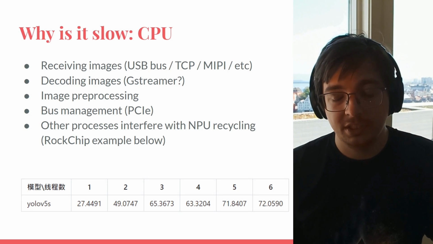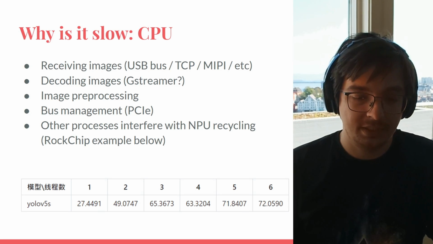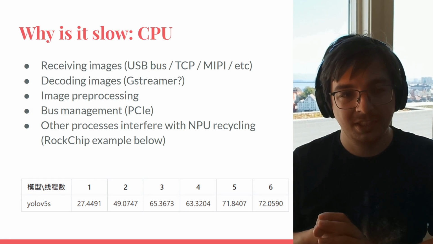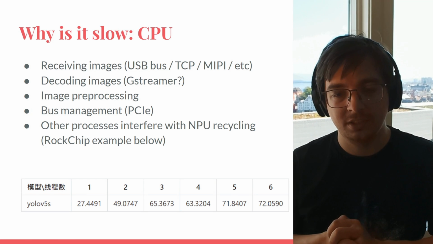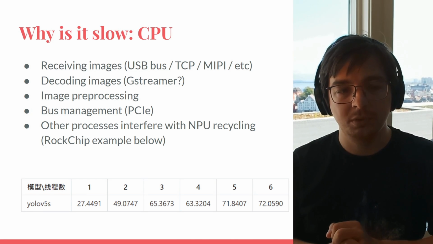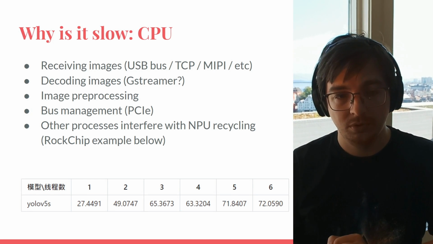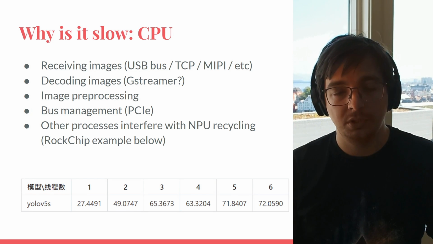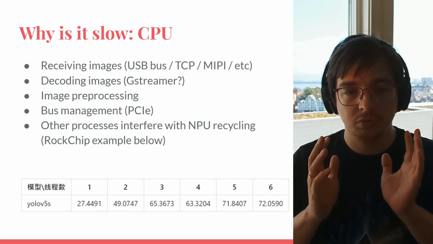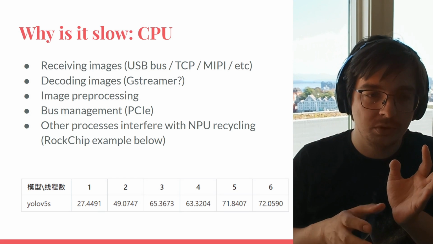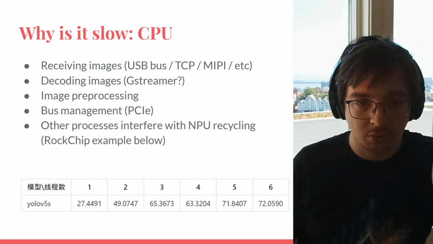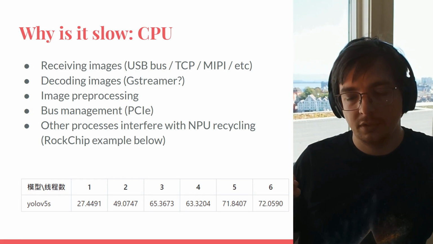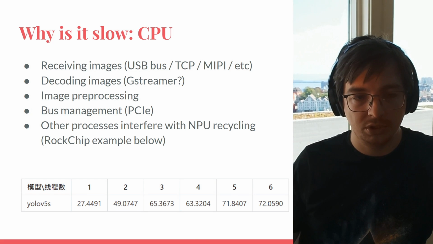And of course, like I already mentioned, an NPU is not a Turing complete processor, so you need a CPU, and in a lot of applications, you will be limited by your CPU. Your CPU will be used to transfer your images to the NPU, and to decode your images probably, if you receive them and you don't have a coprocessor to decode them.